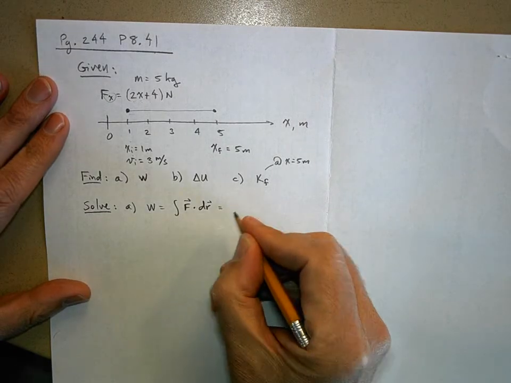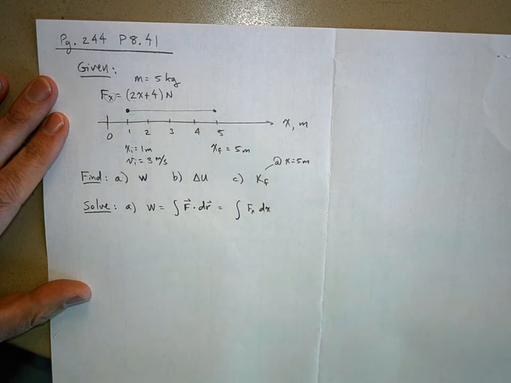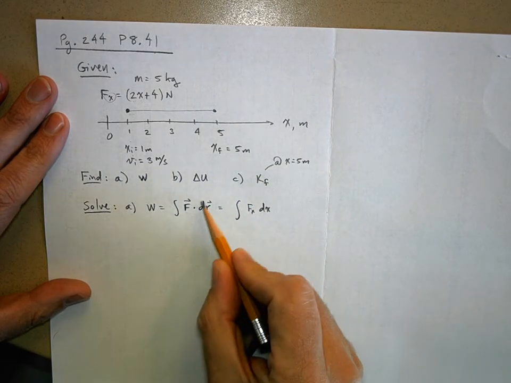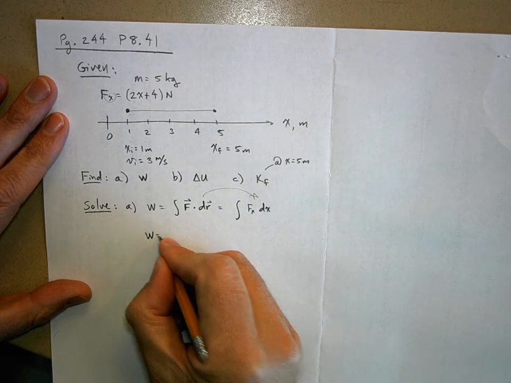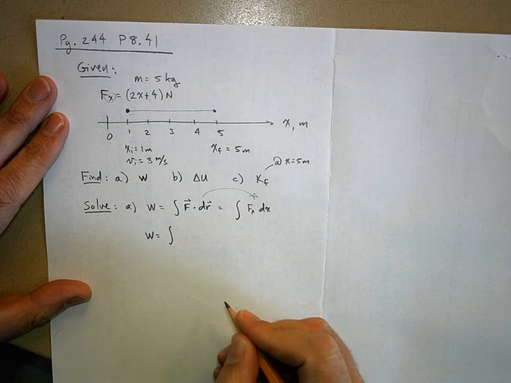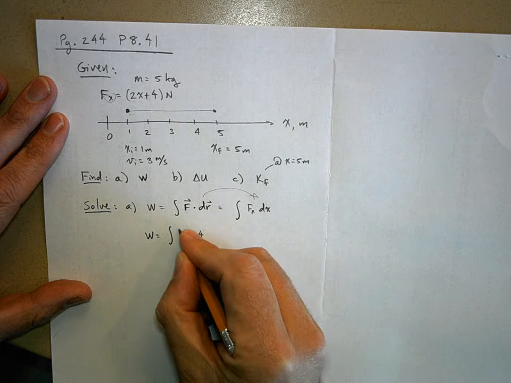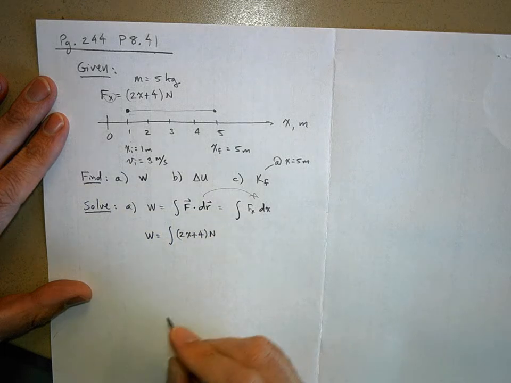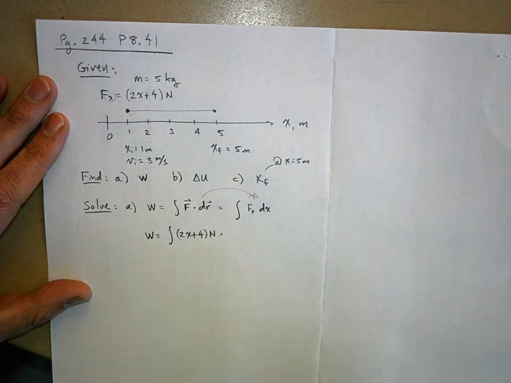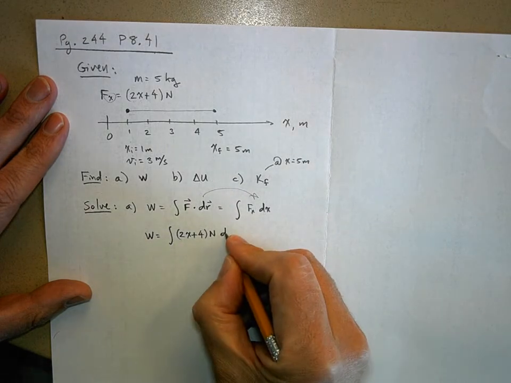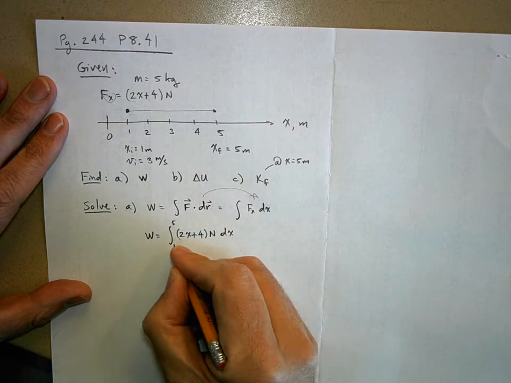So this turns into Fx dx. Everything's along the x-axis. So let's put in our function for the force, 2x plus 4 newtons. We don't need the dot product anymore because everything's along the x-axis. We'll just multiply it by dx, and we're going to go from 1 to 5 meters.